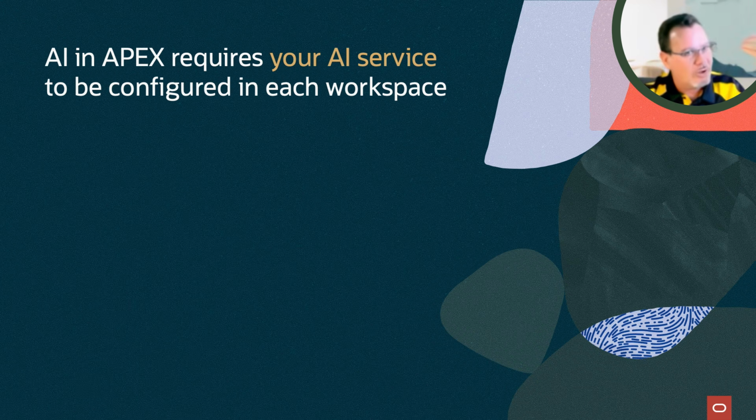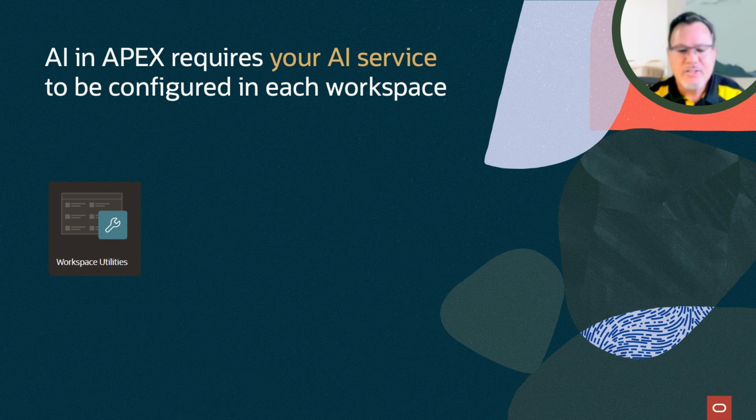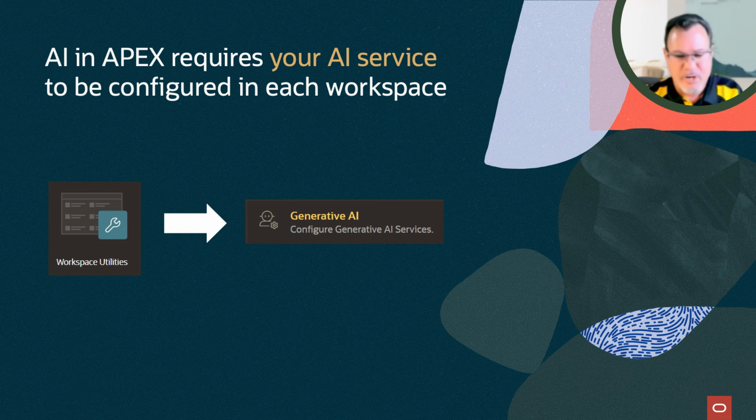Just like if you have an Oracle AI Database 26 AI instance to work with as a developer, you don't just have AI at your fingertips. You have to configure it for every interaction as a developer. In Apex, when you sign into your workspace, you need to go to your workspace utilities and you need to configure a generative AI service before you see all that feature functionality.